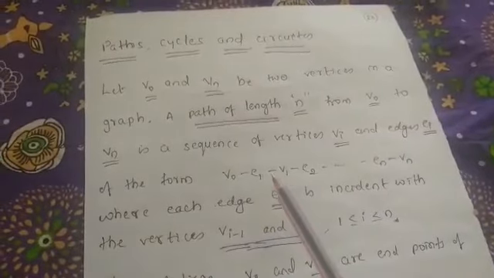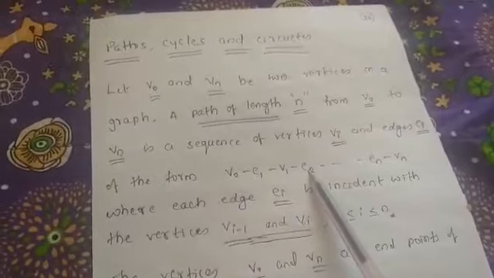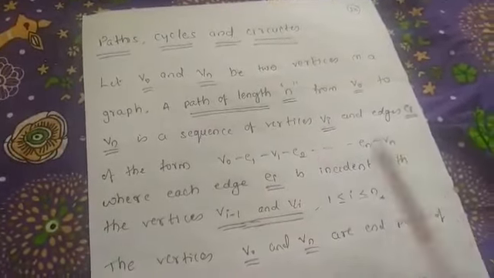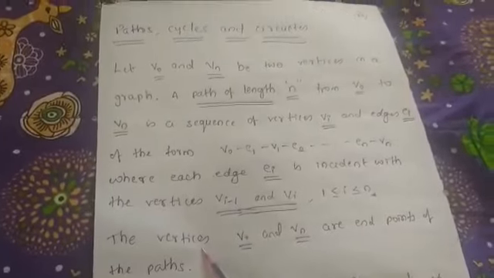For example, E1 is incident with V0 and V1, E2 is incident with V1 and V2, and so on. The vertices V0 and Vn are the endpoints of the path.